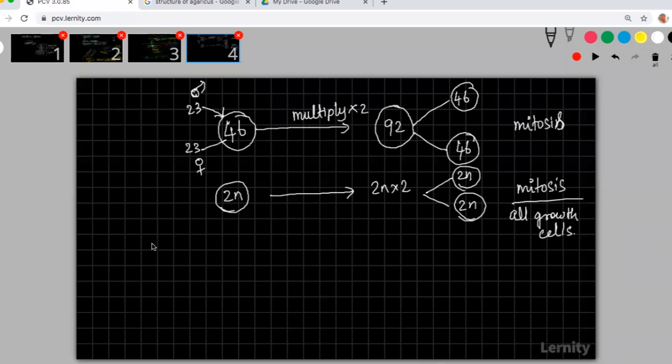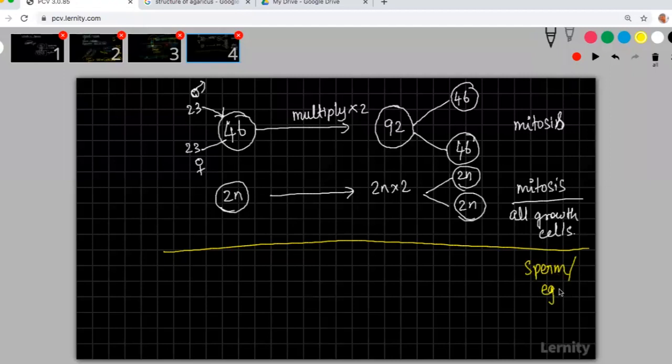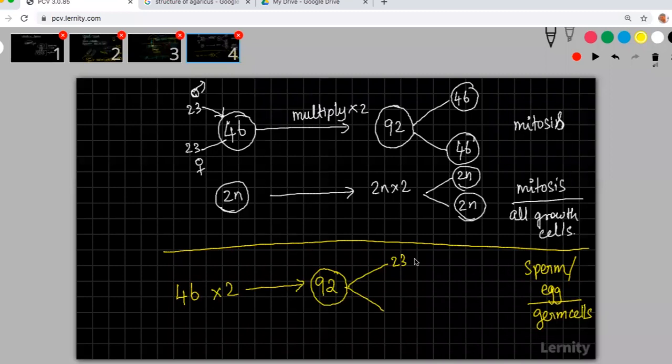But there are certain cases, like reproductive cells. Whenever a sperm is forming or an egg is forming, we call them germ cells. Germ cells will not show mitosis. So whenever germ cells are there, a cell which is 46 will multiply into 2 to form 92. After 92 is formed, it will become 23 into 2, 23 into 2.